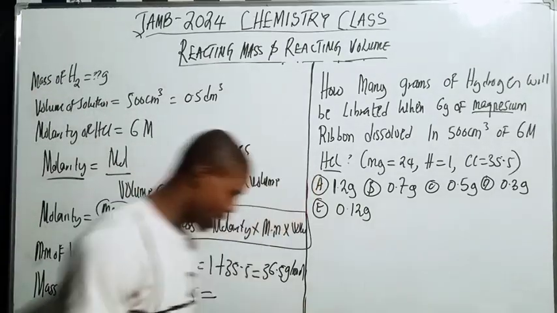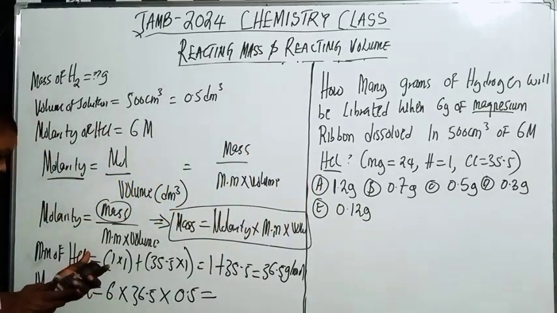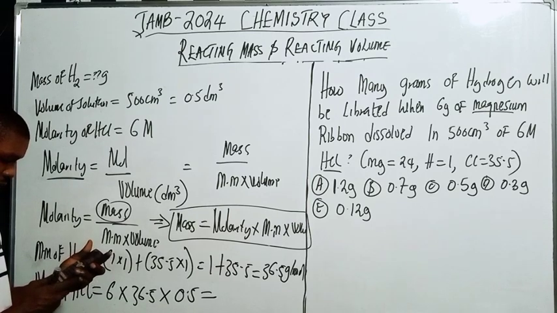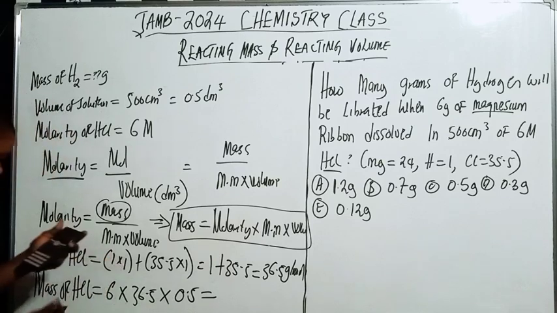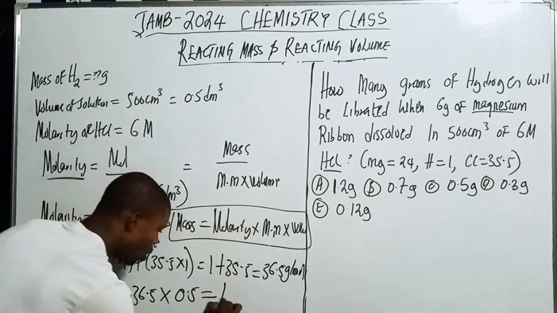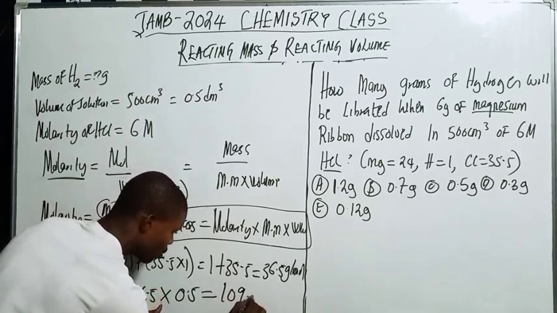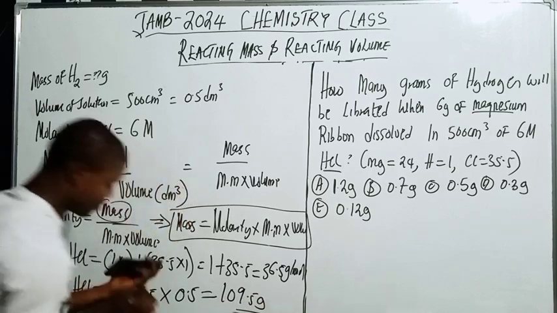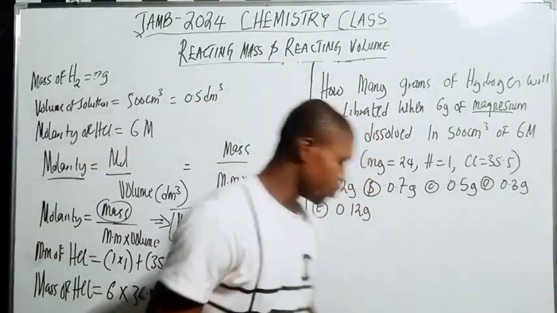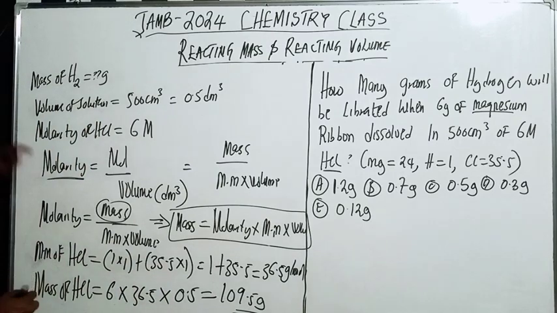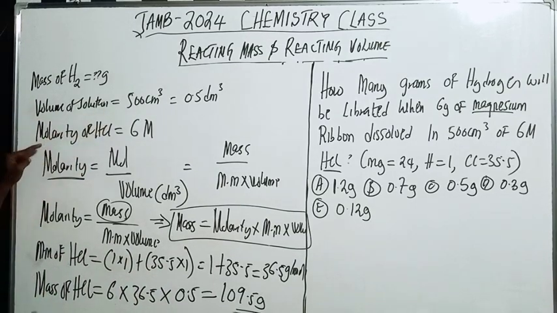If you punch your calculator, 6 times 36.5 times 0.5, here we have 109.5 gram. So it is saying that from the volume and the molarity, I'll be able to calculate the mass of HCl. Do you understand?